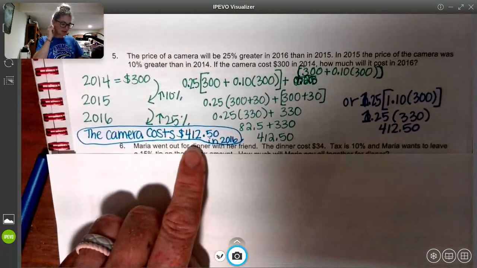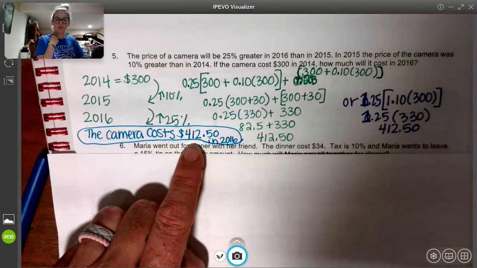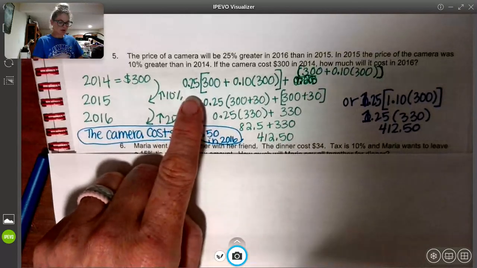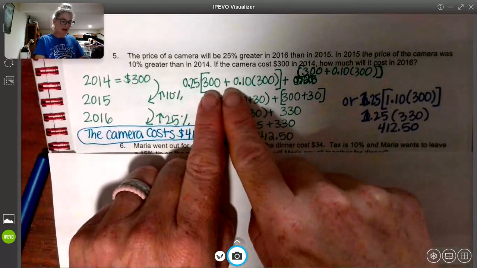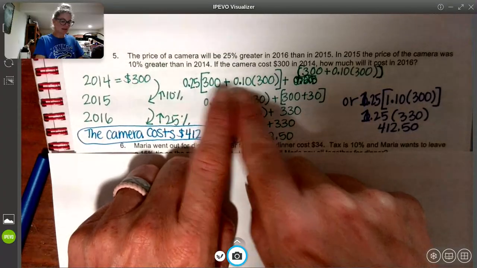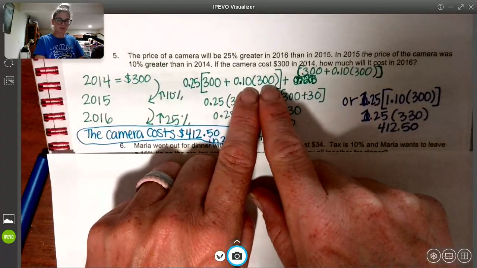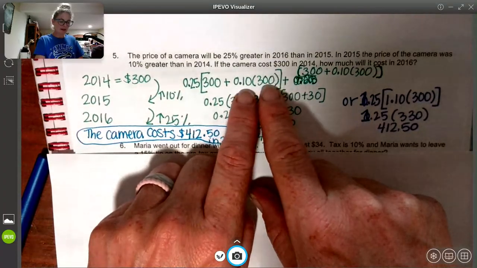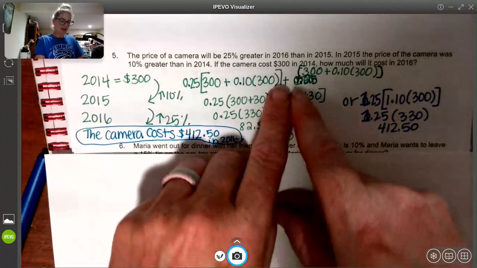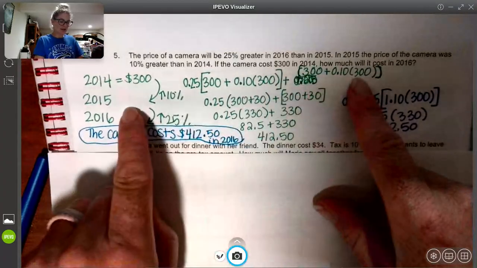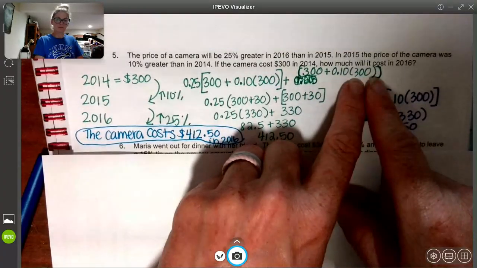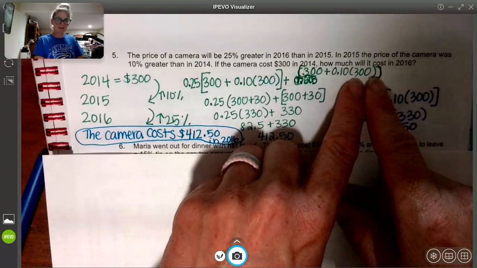So taking a look here, answer $412.50 in 2016. So you could think about this as you have your $300 of the cost, you're increasing it by 10% of those $300. Then you're taking 25% of that and adding it to how much money it was in 2015, which is the $300 plus 10% of $300. I know it gets a little confusing.